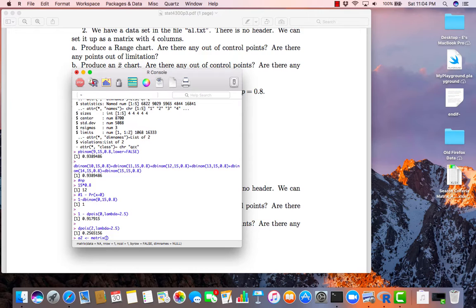And in this matrix, the number of columns is equal to 5. And it's in my Dropbox. Number of columns equal 5, and by row equal true.